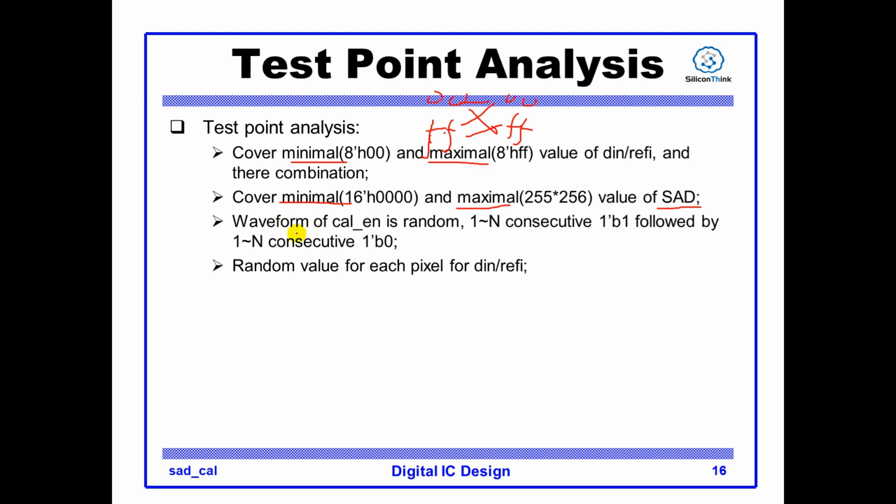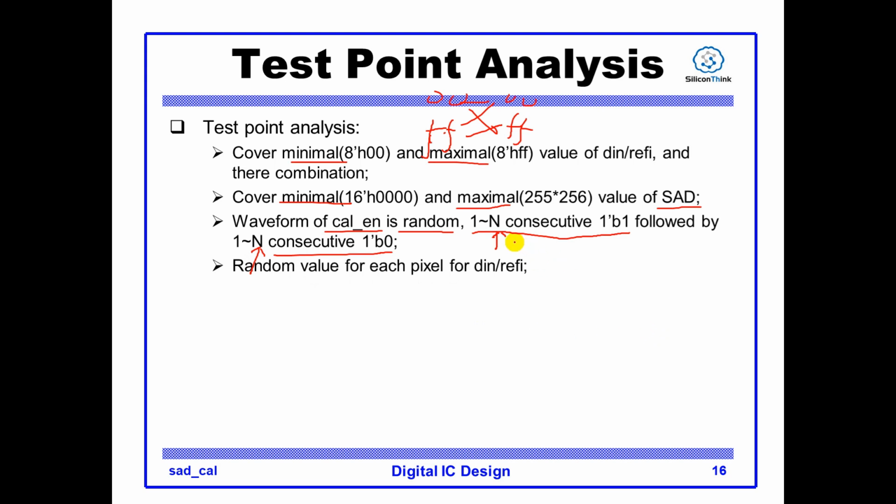Then you should cover different waveforms of the enable, as this signal is random according to the specification. So you may generate the waveform of 1 to n consecutive ones, followed by 1 to n consecutive zeros. So how to choose the n value? You have to decide it.